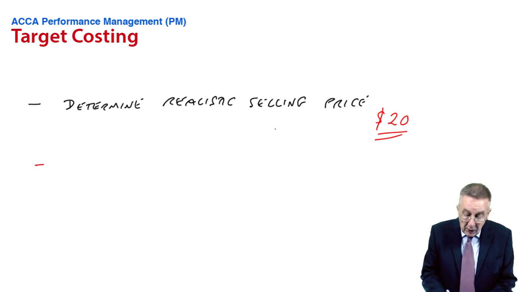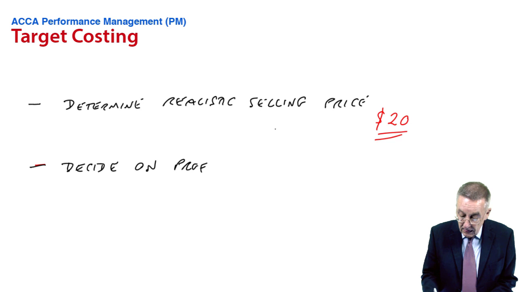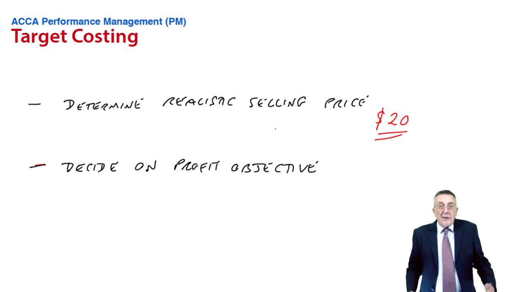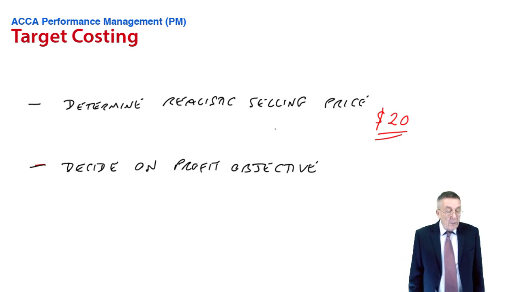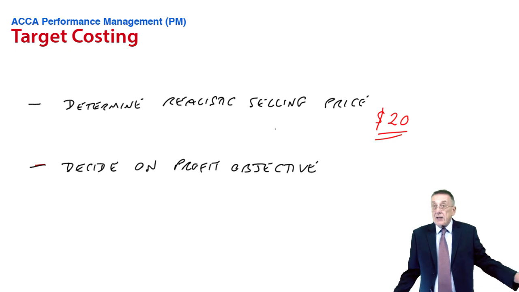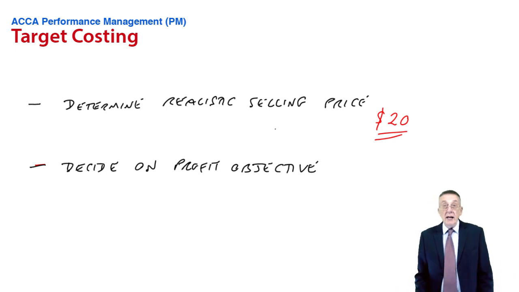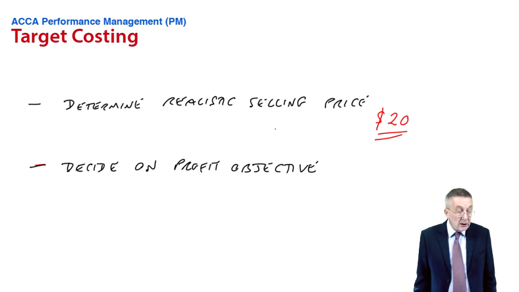We then decide what our objective is. How much profit do we want to make? Well, that's up to the individual company. There's no rule here. In an exam, you'd obviously have to be told.